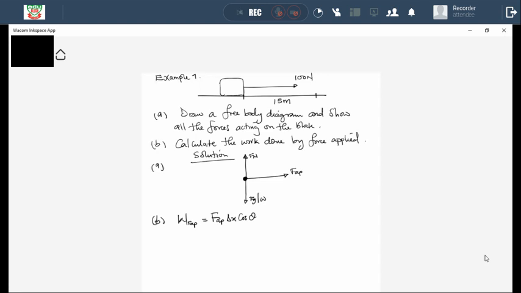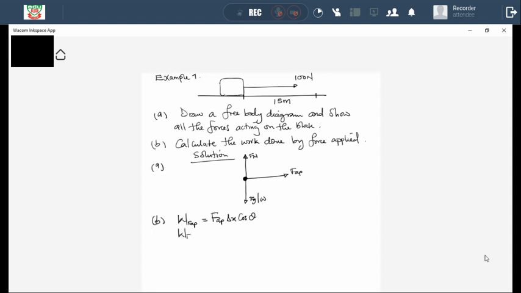That is the formula. So if I was calculating work done by friction, it would be frictional force by displacement by cos theta, right? So here we are dealing with force applied. So work done by force applied is equals to force applied by displacement by cos theta.